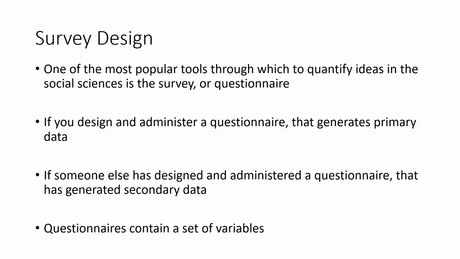Lots of companies administer surveys to understand how their consumers feel about the organization. Maybe if you've been an employee in an organization, it's possible you filled out a survey designed by your employer to gauge how you're feeling about work or to gather information about the workplace or about the business.